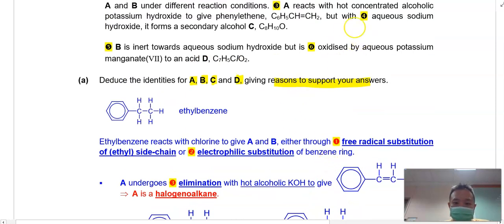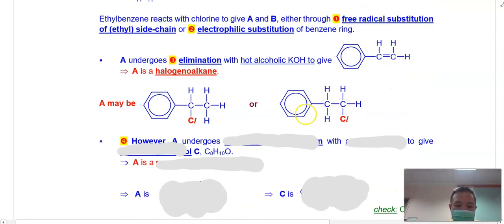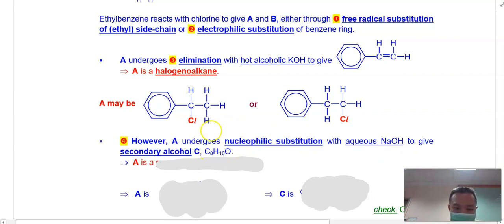But we go on to say that with aqueous sodium hydroxide, it forms a secondary alcohol. So what kind of reaction with aqueous sodium hydroxide? Alright, A undergoes nucleophilic sub with aqueous sodium hydroxide to give a secondary alcohol, which means the OH must be bonded to this carbon, because the Cl is replaced with OH. Then this carbon has 2 R groups.